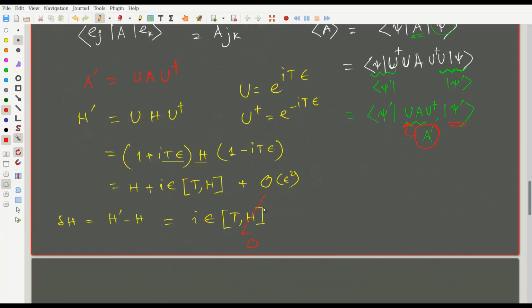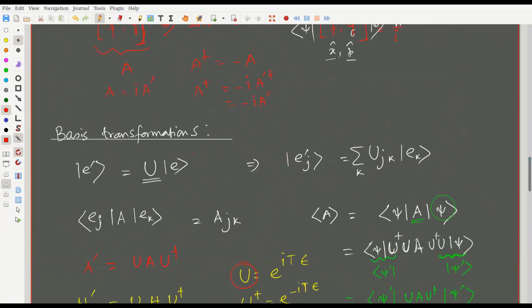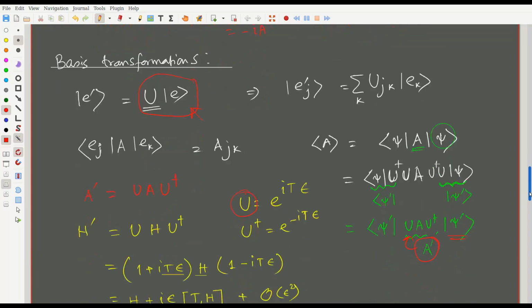I am saying that if T is a symmetry, if I change my basis vectors via the matrix U, and nothing happens to my Hamiltonian even after this transformation, then I will call U a symmetry operation.